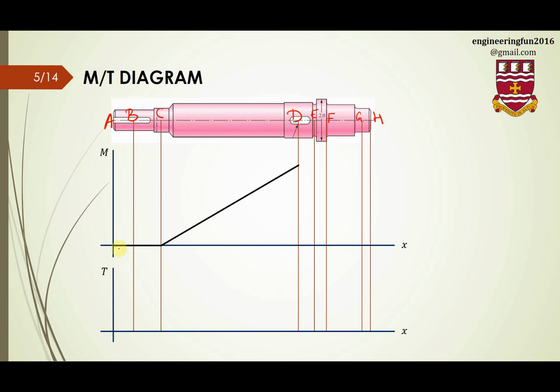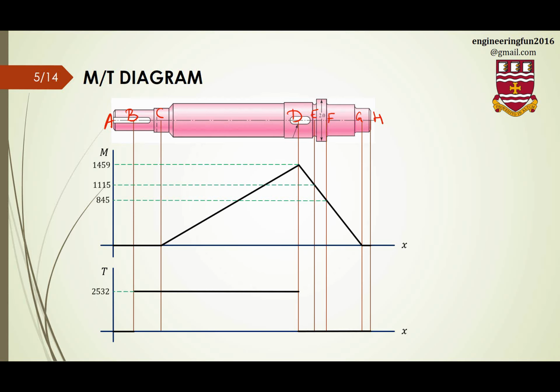For the first region it was 0, then it follows a line up to point D, then from point D to G is another line with negative slope, and from G to H is a constant 0. And for torsion, we have a steady torsion from point B to point D. This is what we found in the previous lecture.